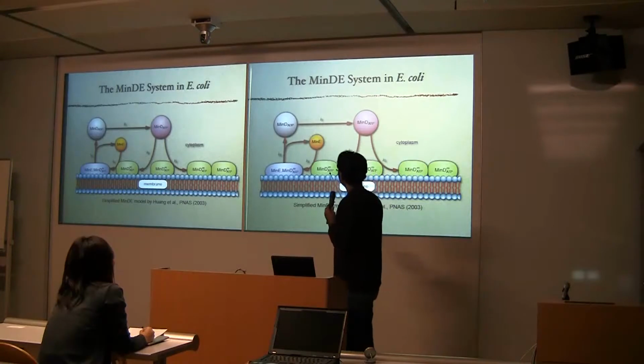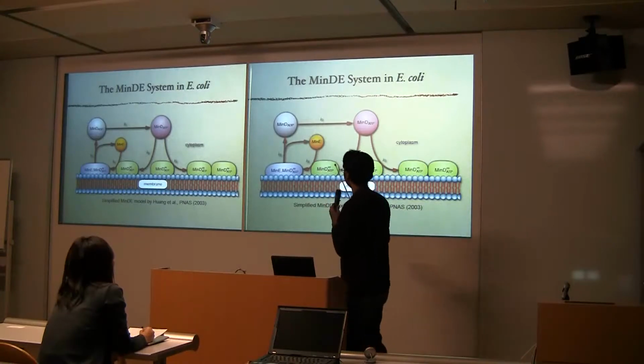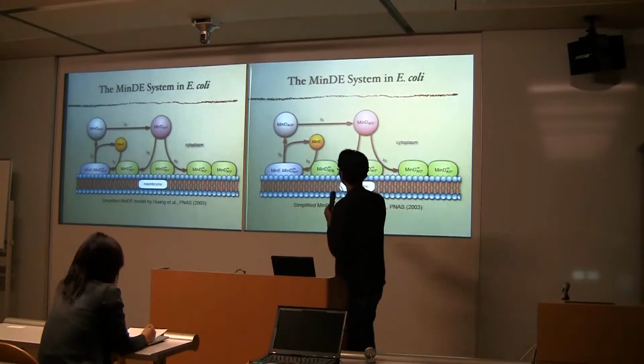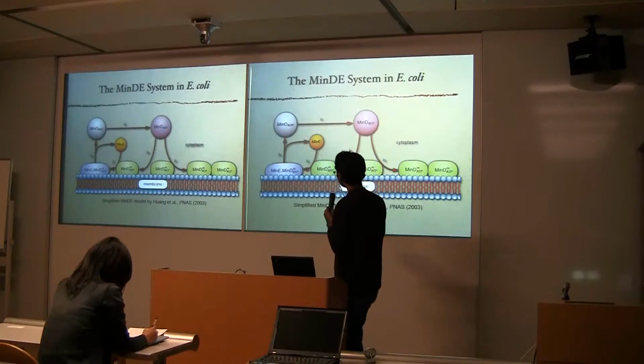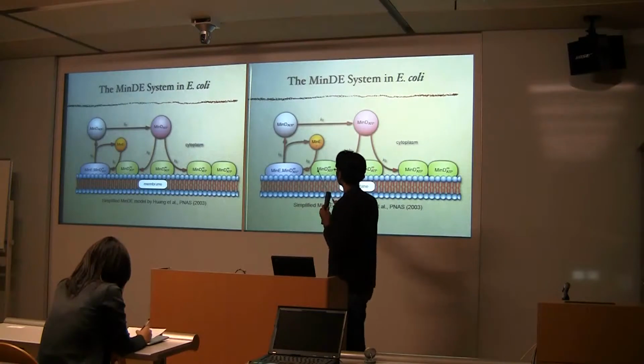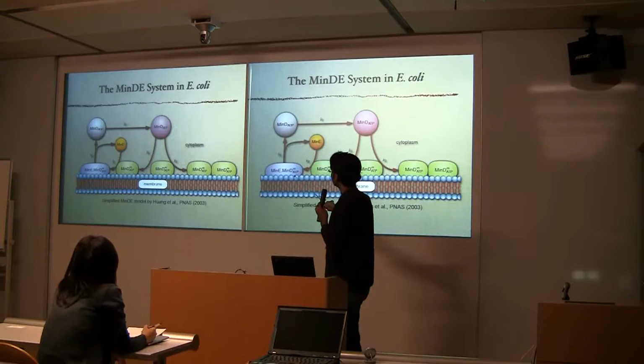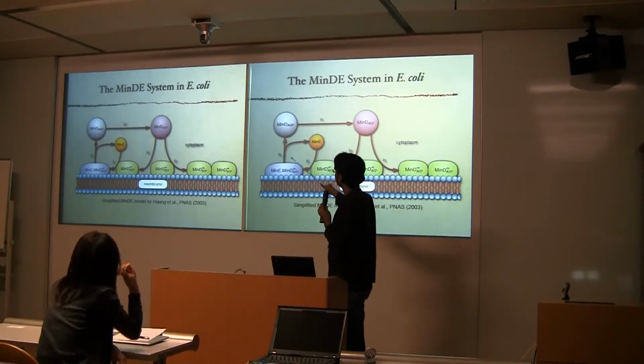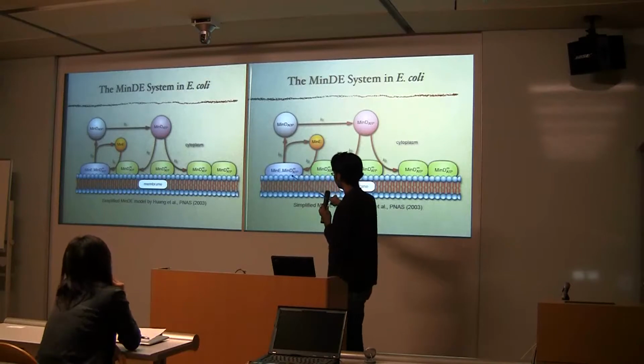Once MinD is bound to the membrane, you should take note that MinC is always found bound with MinD, which is why I'm not including MinC in this system. MinD, once bound to the membrane, can also bind with MinE from the cytosol. Once MinE is bound to MinD, the ATP is hydrolyzed. As a result, MinD becomes an ADP form and the conformation changes.